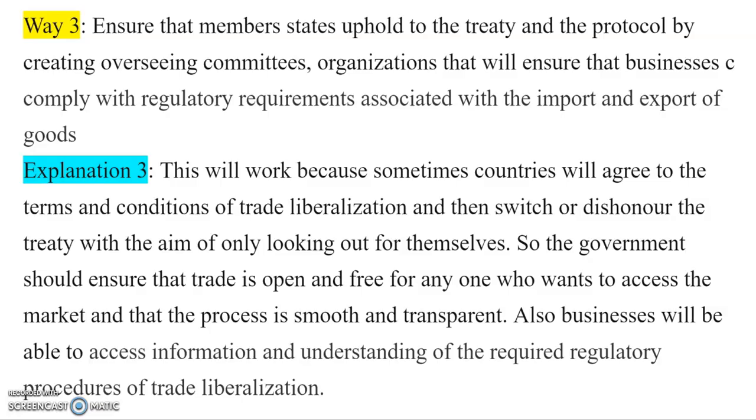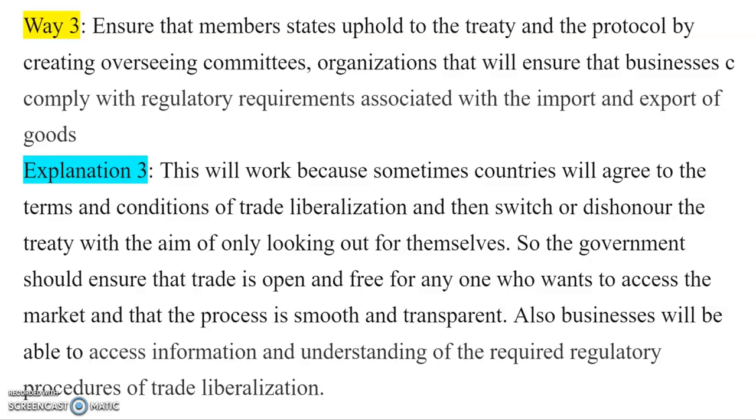This will work because sometimes countries will agree to the terms and conditions of trade liberalization and then switch or dishonor the treaty with the aim of only looking out for themselves.